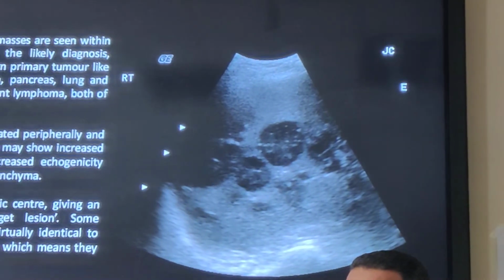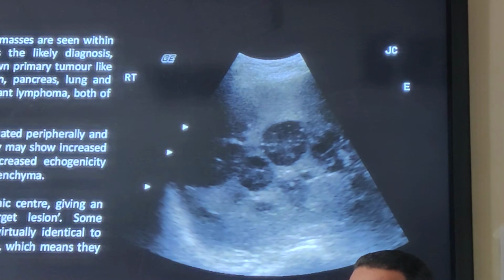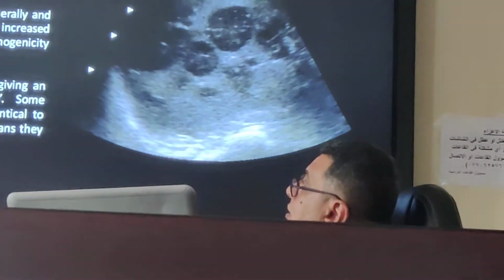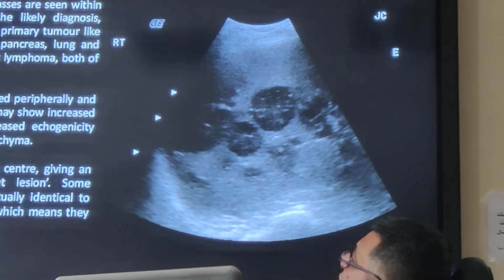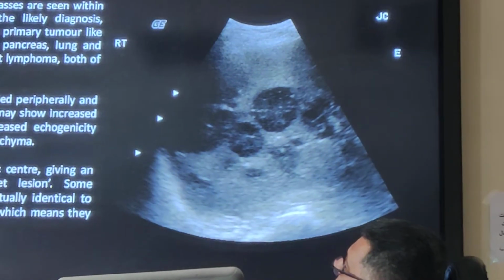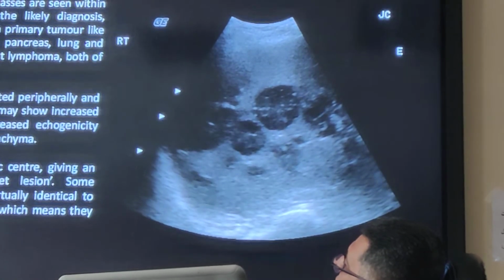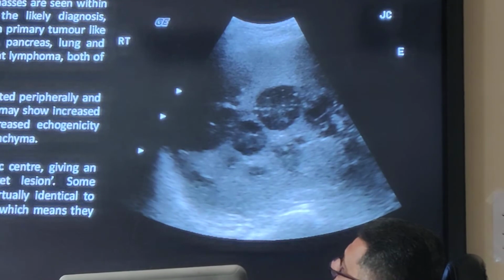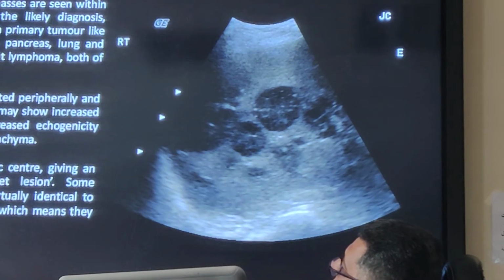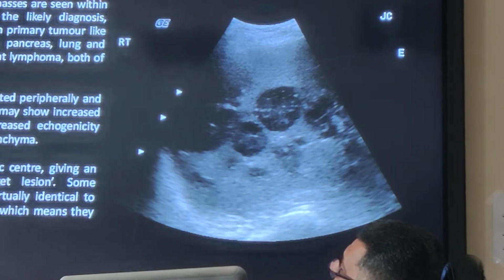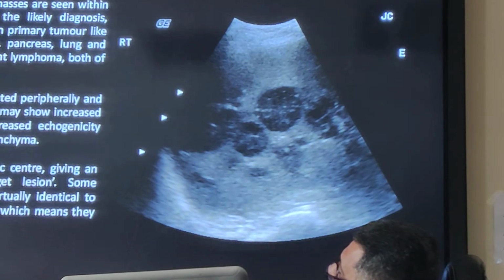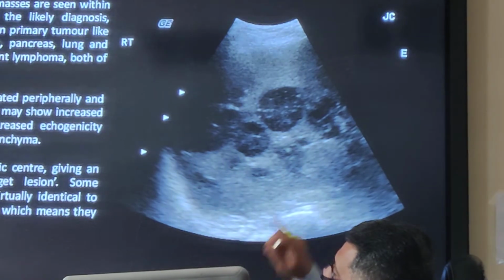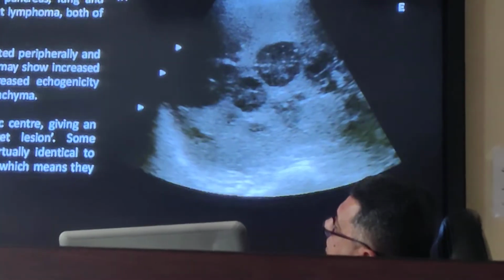When multiple solid complex masses are seen within the liver, the metastatic lesion is suspected and it is likely diagnosis, especially in patients with known primary tumor, like carcinoma of the stomach, colon, pancreas, lung, and breast. Hepatoma or hepatocellular carcinoma and the malignant lymphoma both are multifocal. Metastases are often multiple, situated in peripheral parts of the liver and of variable sizes.